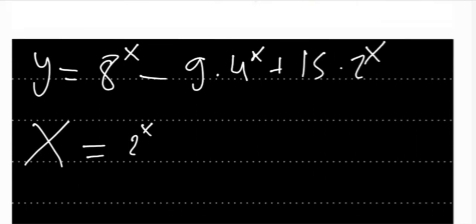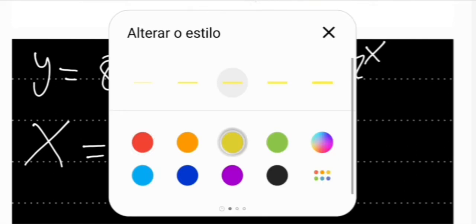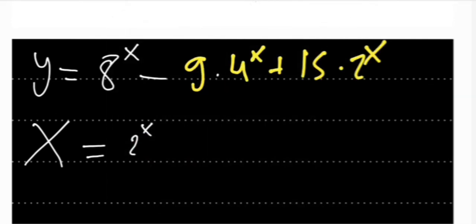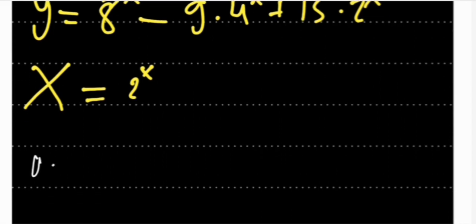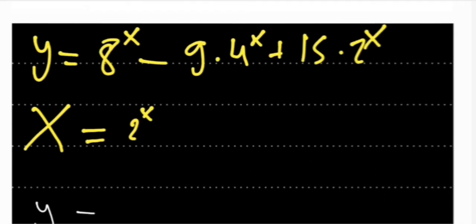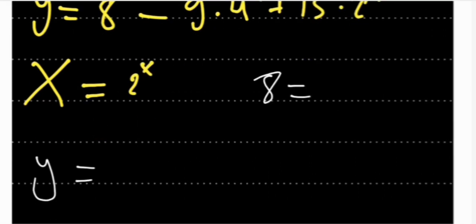So just so that we have it colorful, I think it helps to have colors, right? So now look, y is equal to 8 to the x, but 8 is equal to 2 to the third power, right? 8 is equal to 2 multiplied by 2 multiplied by 2.